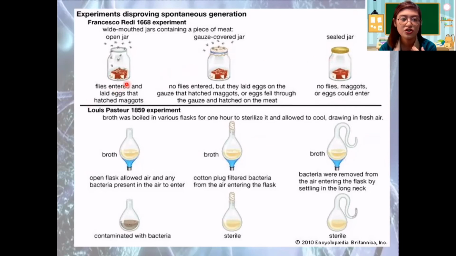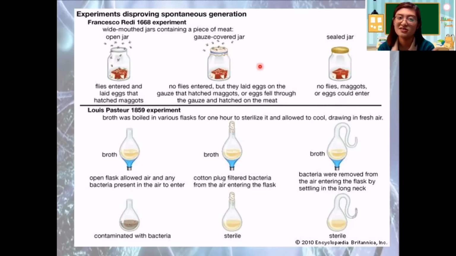So for the first jar, flies entered and laid eggs that hatched maggots. For the second, no flies entered, but they laid eggs on the gauze. And since na ay mga tiny holes sa gauze, eggs fell through the gauze and hatched on the meat. In the third jar, no flies, no maggots were seen, since no flies and no eggs can enter.